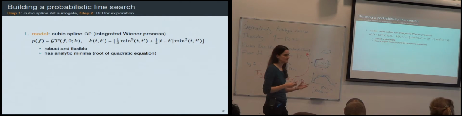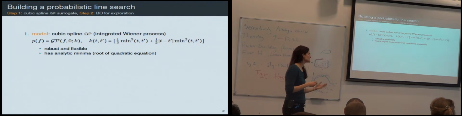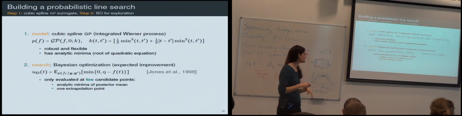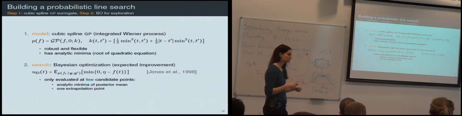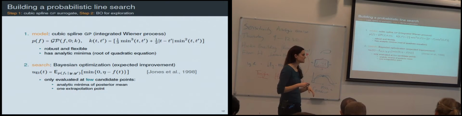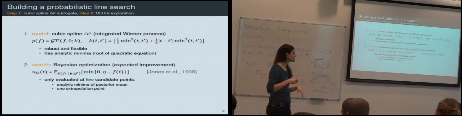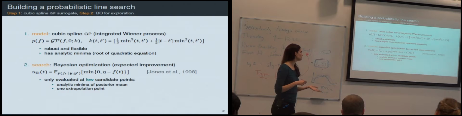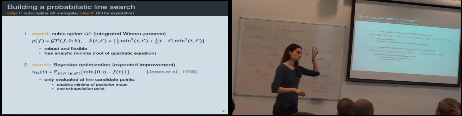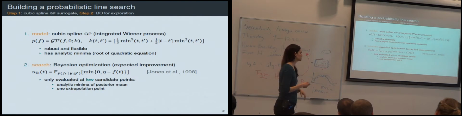And the nice thing is that, like a third-order polynomial, it also has analytic minima. Then for the search for candidates, we use Bayesian optimization. And when you do Bayesian optimization, you have to choose some acquisition function, and we use the expected improvement. But we're not going to optimize this expected improvement globally. We're just going to evaluate it at a few well-chosen candidate points and choose the best one from them.